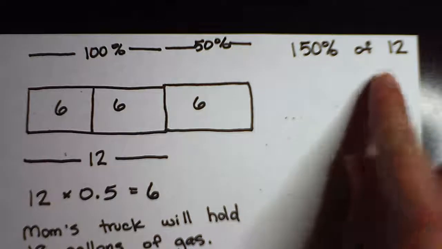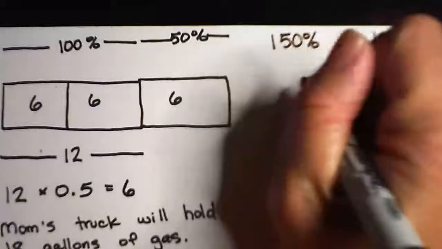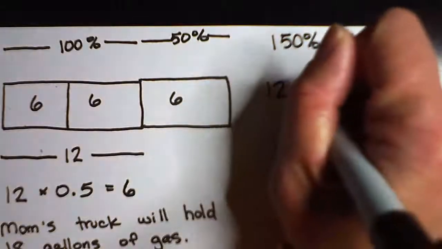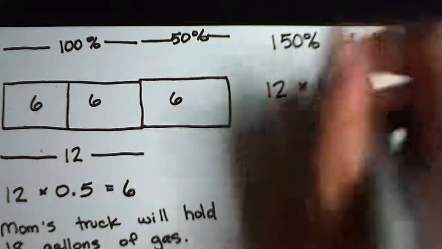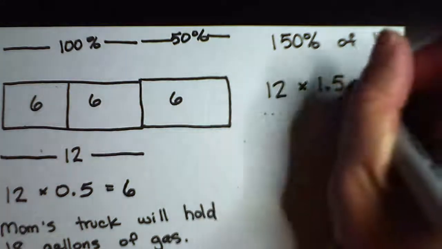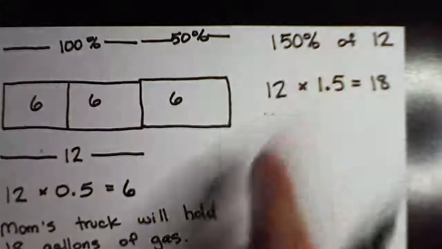And I can do that just with some math. I can say, okay, what if I change 150% to a decimal and multiply by 12? So I could take 12 times 1.5 because that's 150% as a decimal. And if I do that, I get 18 again. So I get the same answer. That's just another way to think about it.